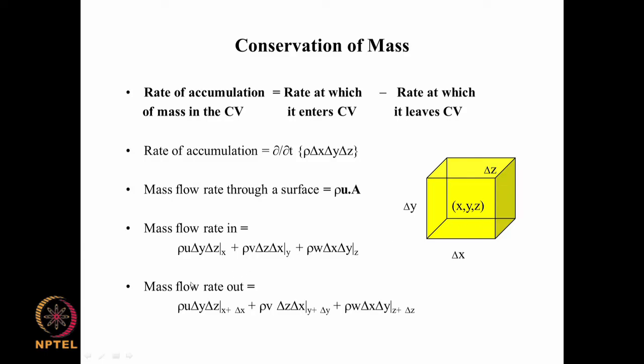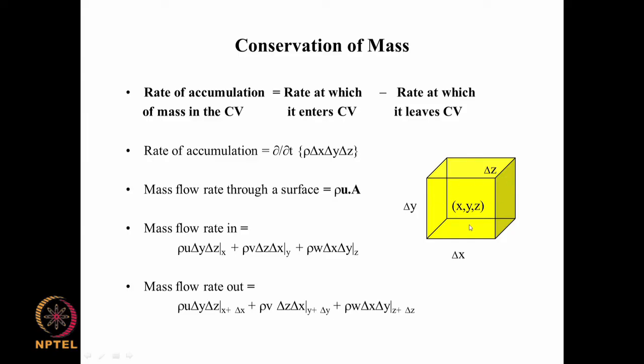Okay. So, similarly, we can evaluate the mass flow rate out, which is rho u times delta y delta z at x plus delta x, because this face is at a location of x plus delta x. So, the velocity at this point, that is at x plus delta x, can be different from velocity at x because of the changes that are taking place inside the control volume.